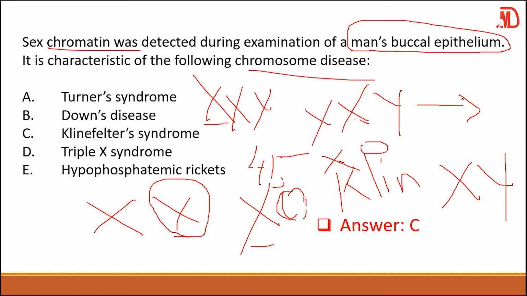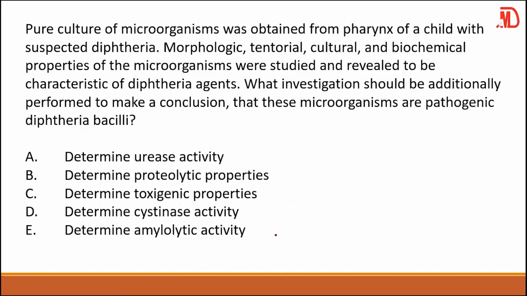But every human being should have 46, either XX or XY. So please, you must know some of these things. Here, there is no Barr body. That was just by the way, to add up for you guys.